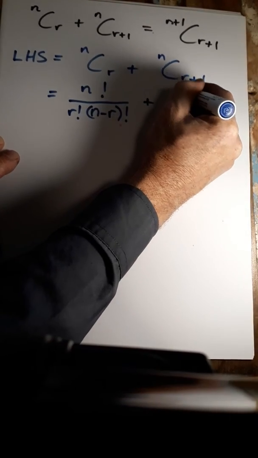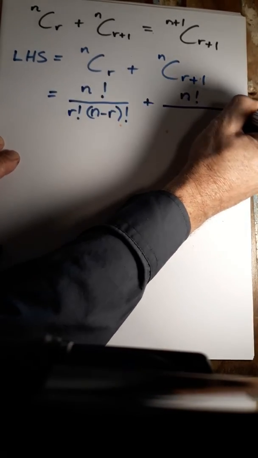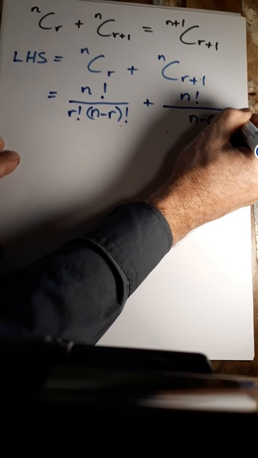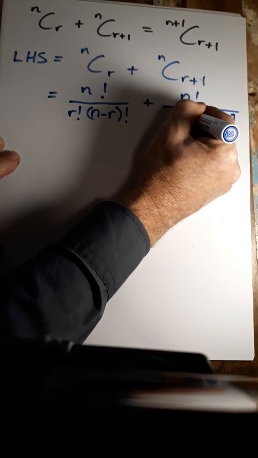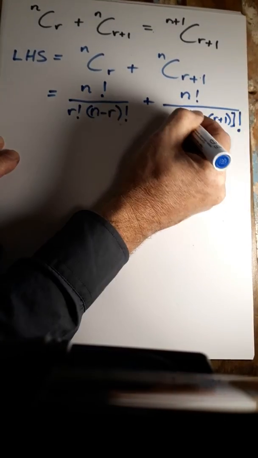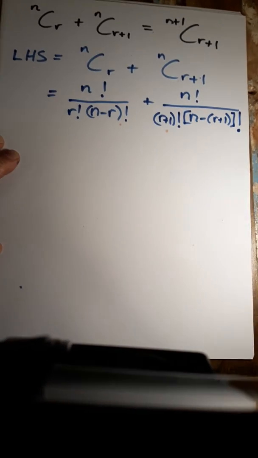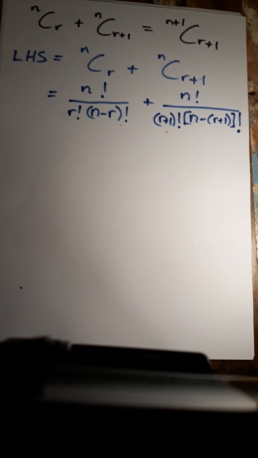And this one here is n factorial on (n-r-1) factorial times (r+1) factorial. It's a little bit tedious writing it out, but that's the way you've got to do it if you're going to be proving that this rule is true.